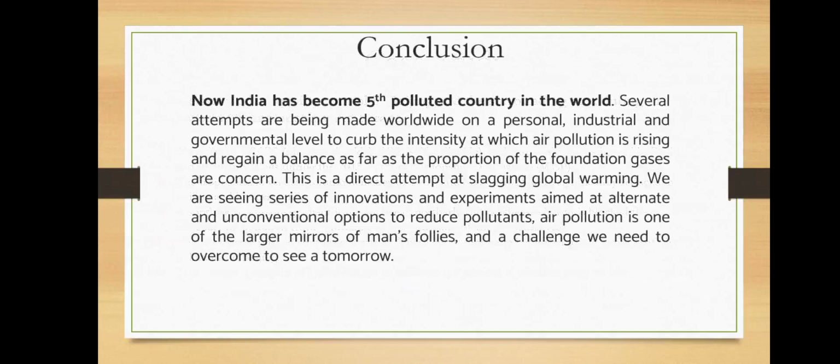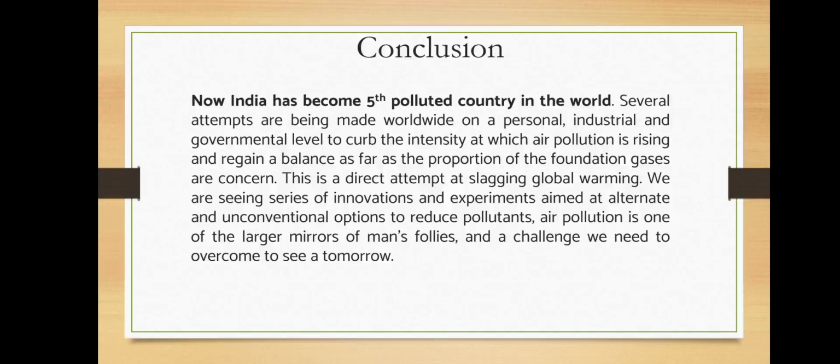And the next is conclusion. Conclusion on modern air pollution control technologies. Now India has become the fifth most polluted country in the world. Several attempts are being made worldwide at personal, industry and governmental levels to curb the intensity at which air pollution is rising and to regulate greenhouse gas emissions.